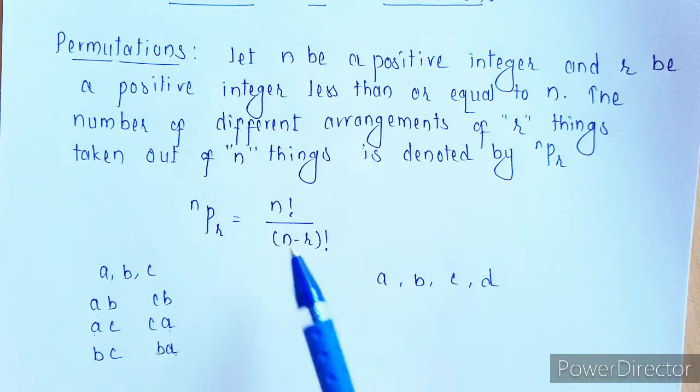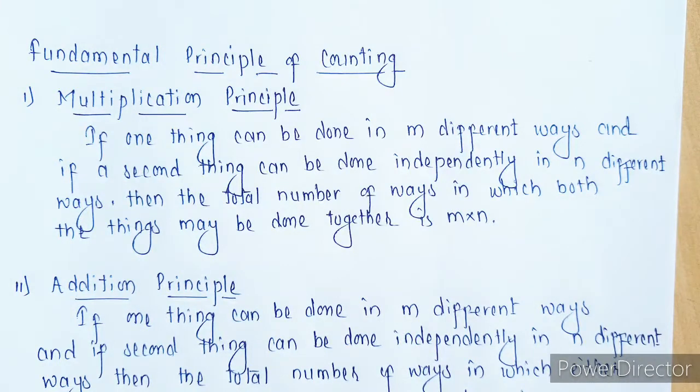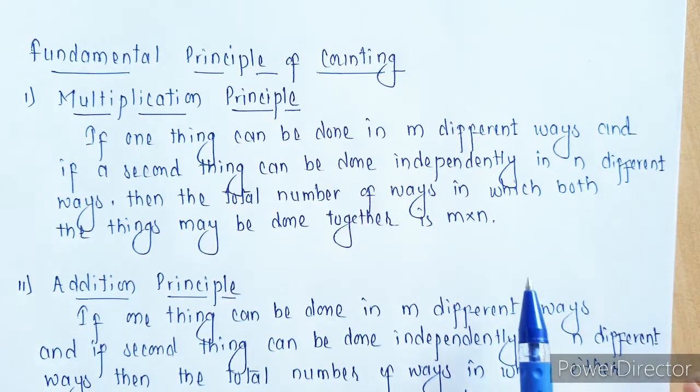Now before going to permutation, we have to study factorial and all. But before starting this, let's study something called the fundamental principles of counting. We have 2 fundamental principles of counting. One is multiplication principle and another is addition principle. Now what does this multiplication principle say?